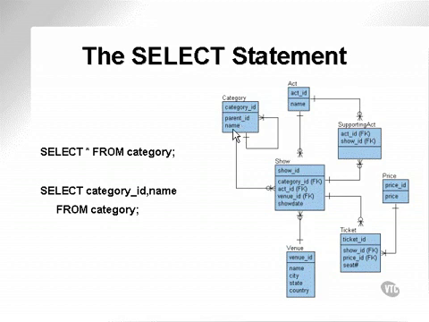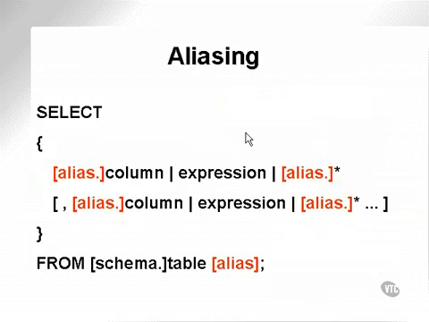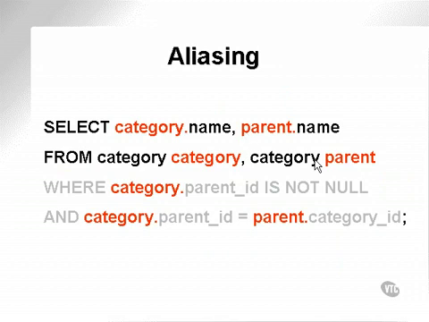So effectively you can select from this table twice and join the parent to its subcategories, which is exactly what the SQL statement is doing. So you'd select the alias category from the first table in the from clause, .name, and parent.name, which is the second instance of category in the from clause, joining the table to itself.